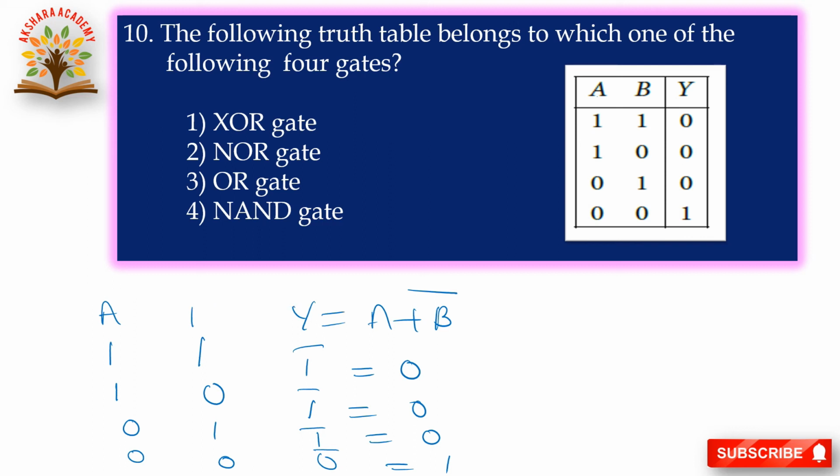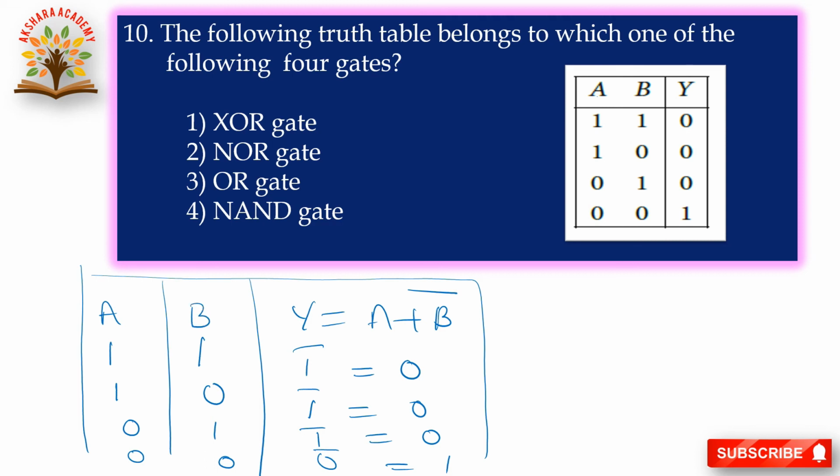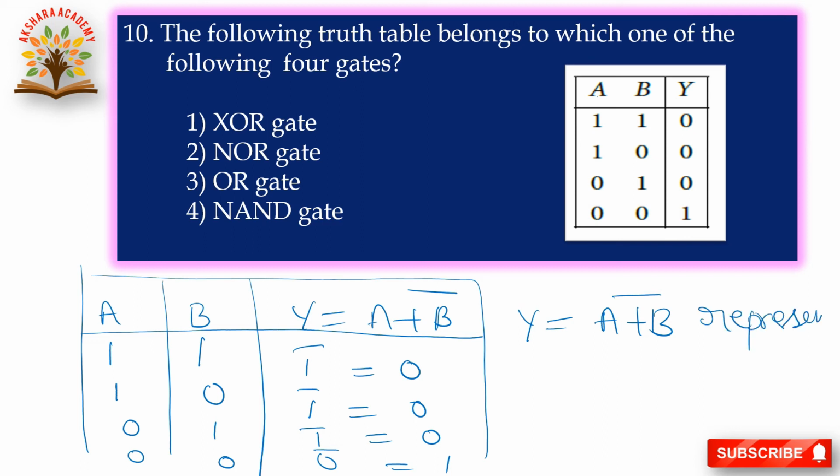So output Y is equal to A plus B bar, which represents NOR gate. So the second option is correct. This truth table belongs to NOR gate. Y is equal to A plus B bar represents NOR gate.